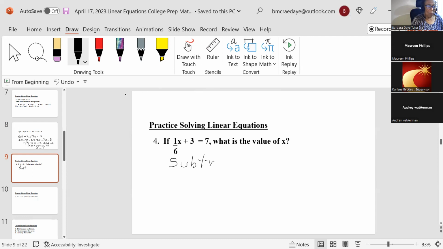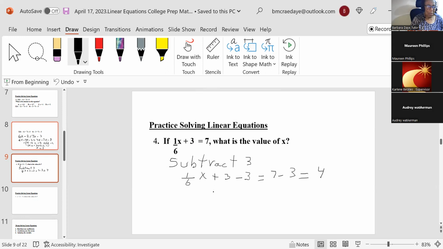So when you subtract the 3 from both sides, you get 1/6x plus 3 minus 3 equals 7 minus 3. And that's equal to 4, right?